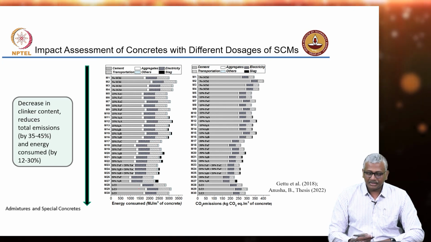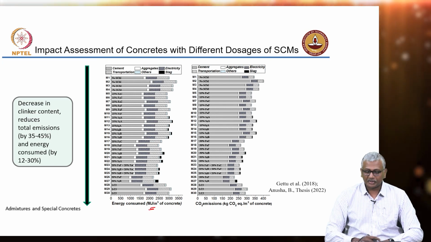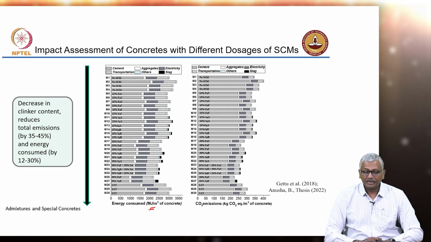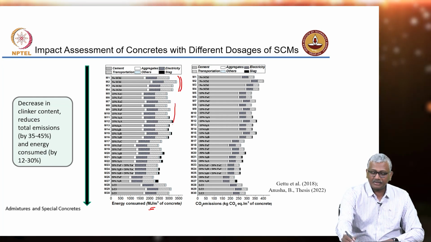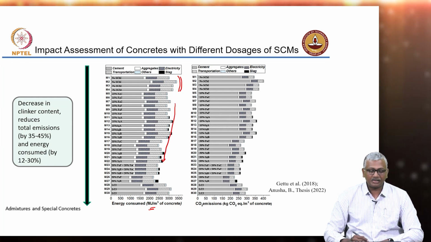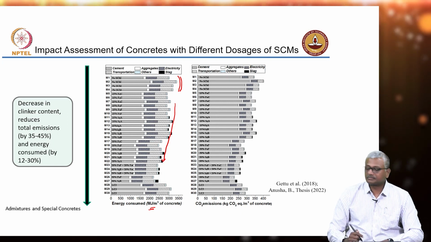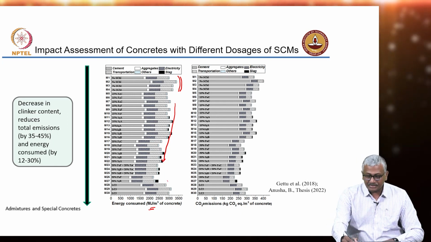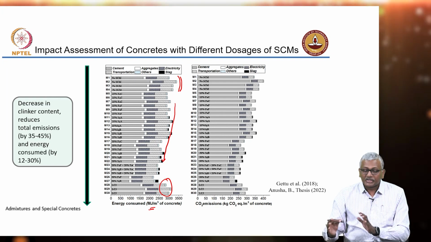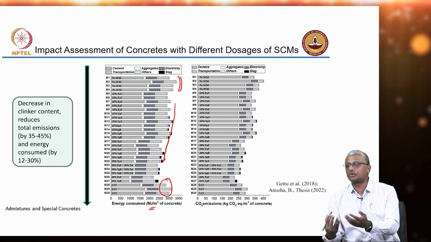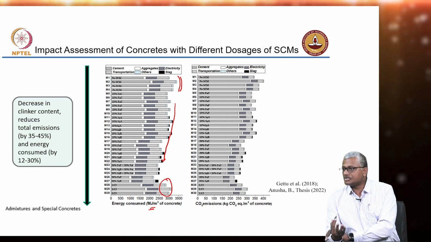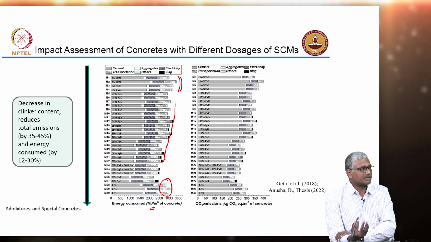So, you can see here the energy consumed in million joules per cubic meter of concrete. For concretes without supplementary cementing materials, these are the 4 concretes. As you use increasing dosage of supplementary materials, your energy is coming down, as expected. With LC3, you really do not see too much of a decrease because the calcination of clay has contributed to extra energy being utilized for production of LC3.